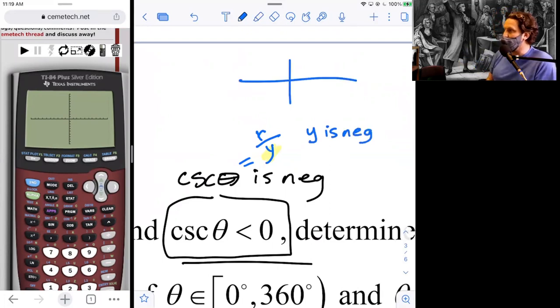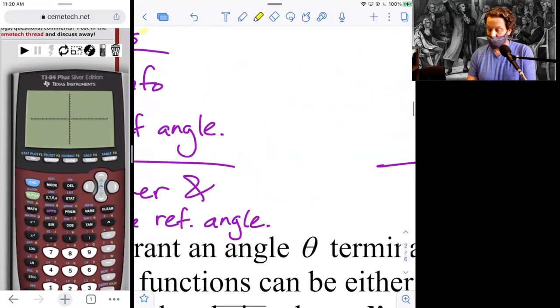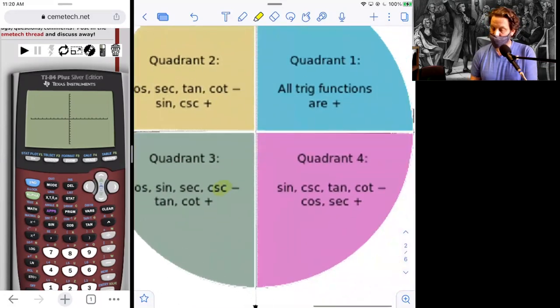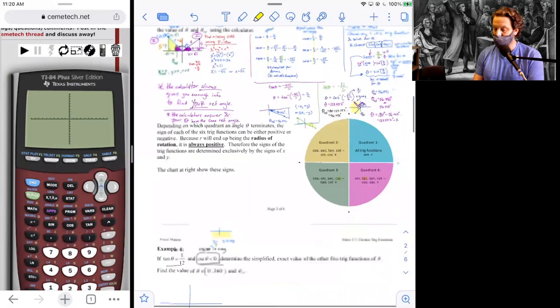In which two quadrants is y negative? 3 and 4, right? Cosecant is negative when y is negative. That's below the x-axis. It's that easy. You don't have to memorize this chart up here. That tells you cosecant is negative in quadrants 3 and 4. Okay? You don't need to memorize that because you know what the definition is.